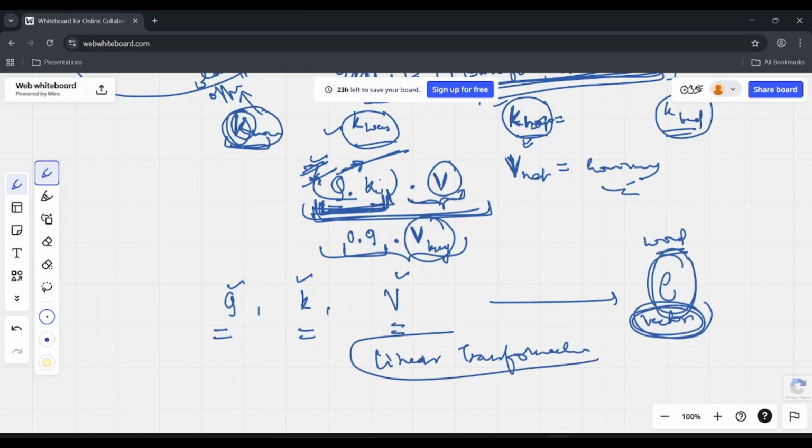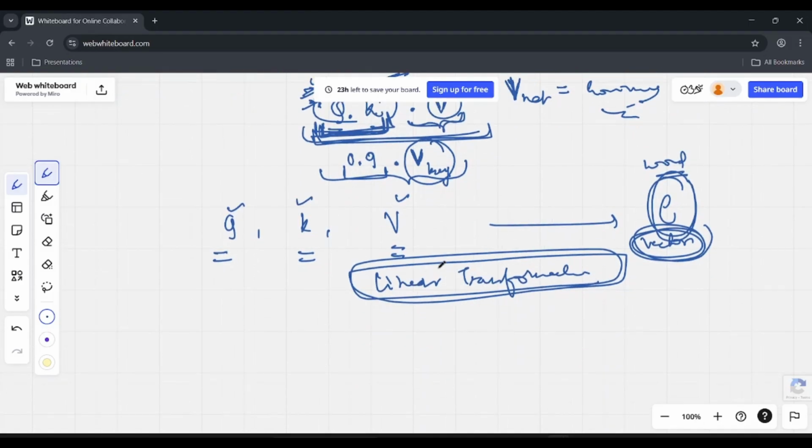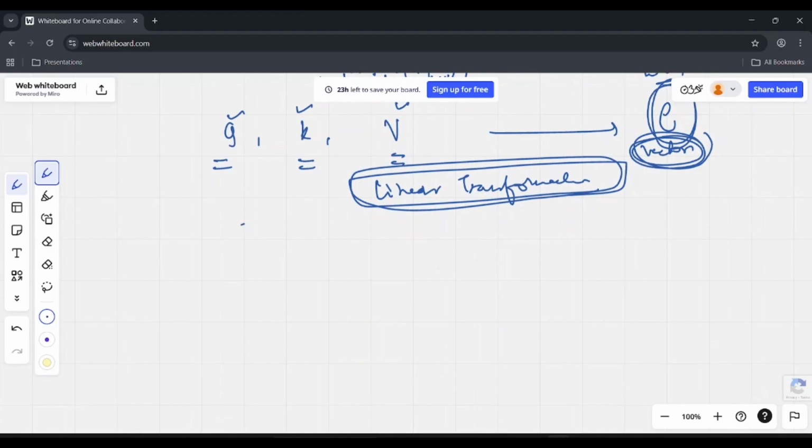Now, what is linear transformation? Linear transformation is a mathematical way through which you take in the input, which is a vector. Some processing happens here, some linear transformation happens here, and the output that you get from here is the transformed vector, or the new vector.